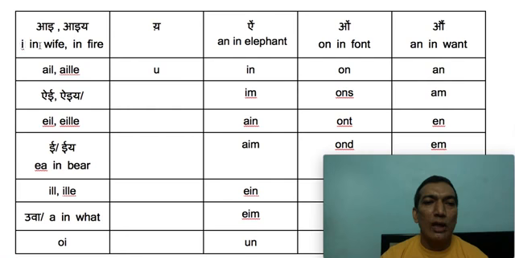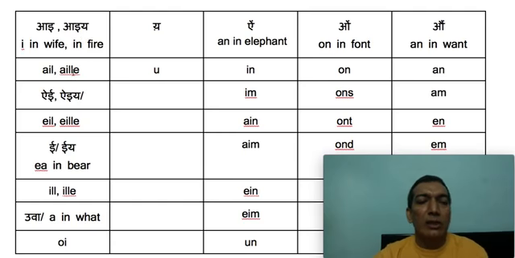And whenever you see double L, AILLE, like in "fire." Here it finishes with E, wife, I. But here it is AILLE, like in "fire." So there is a sound Y. Okay, AILLE.